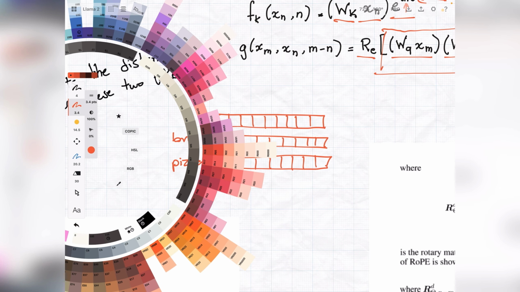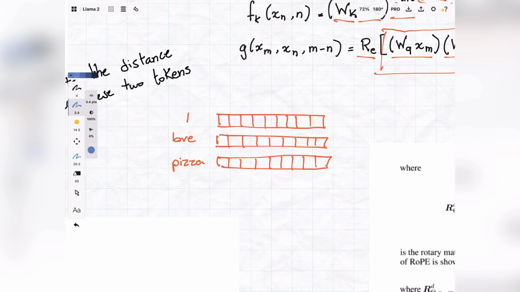So this is position 1, this is position 2, this is position 3. We've spoken about how in RoPE we don't rotate the entire vector in one shot. We take every 2 consecutive dimensions and pair them as 1. So this is pair 1, this is pair 2, this is pair 3, and so on and so forth.